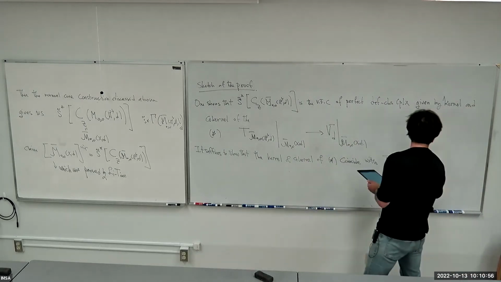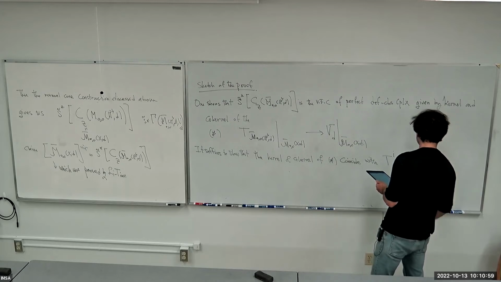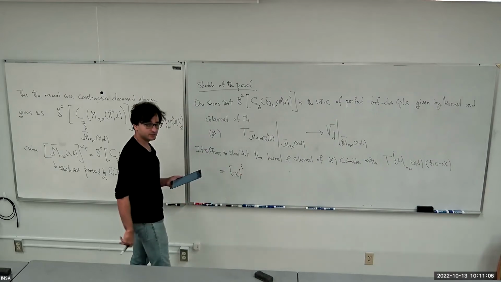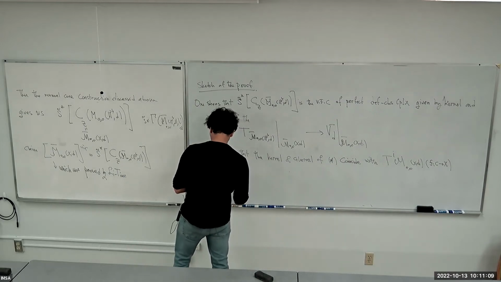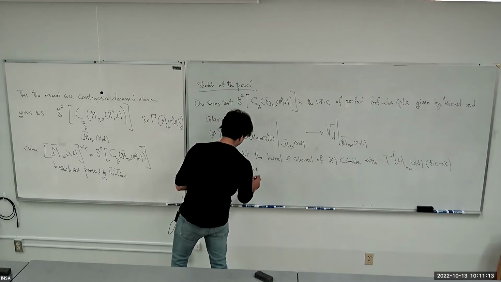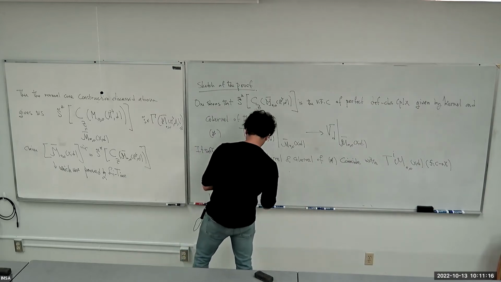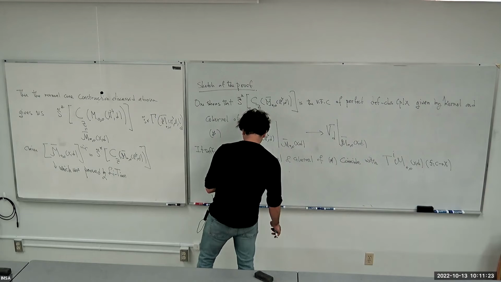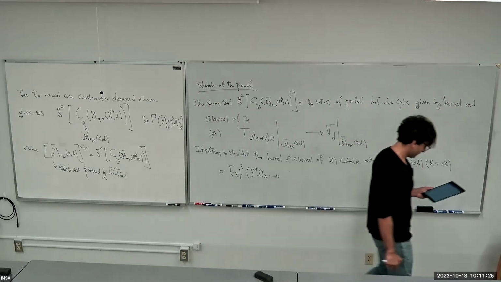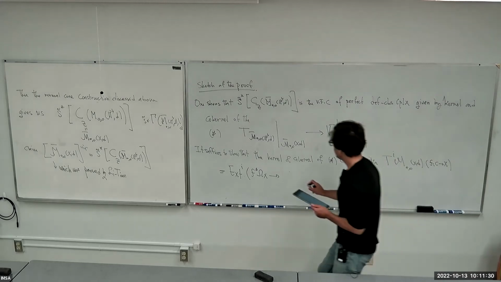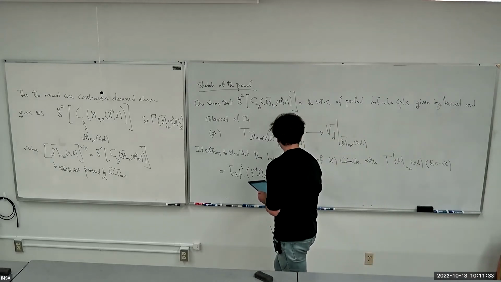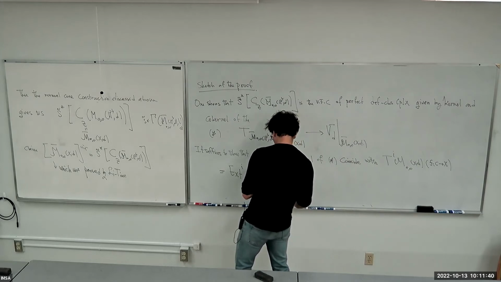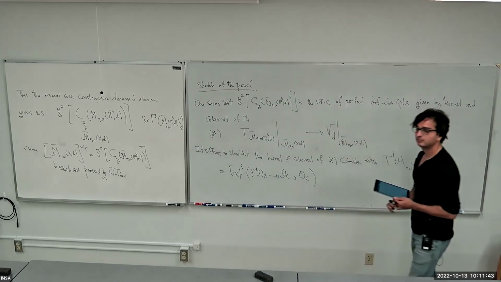Which was, at the point f from C to X, the Ext^i of the pullback of the cotangent bundle of X to omega_C, basically, and then O_C.